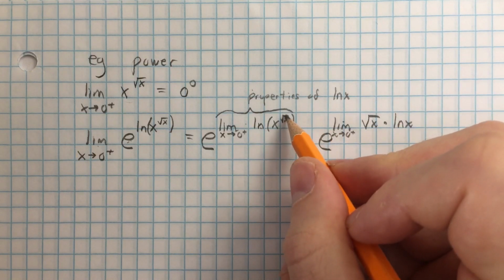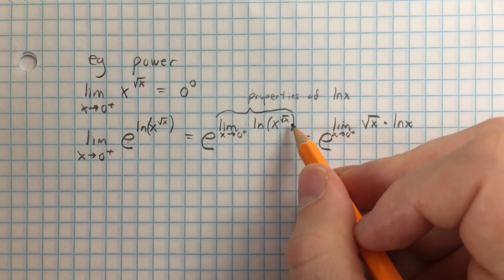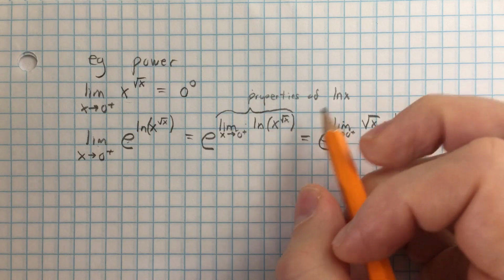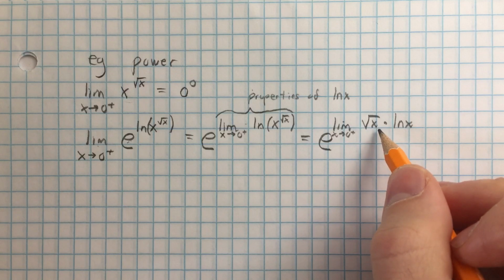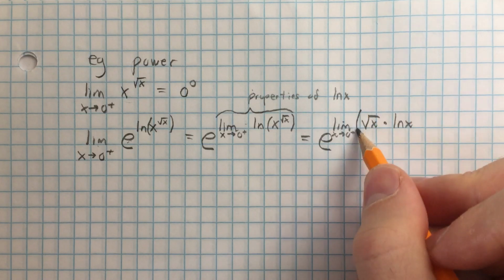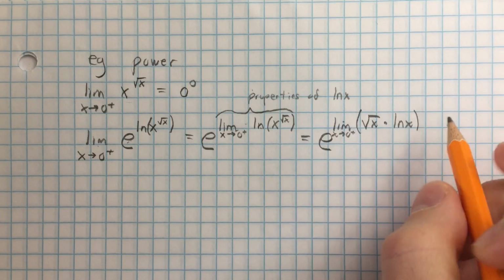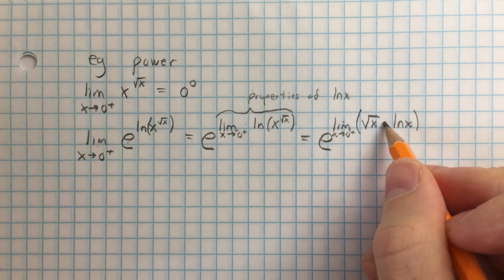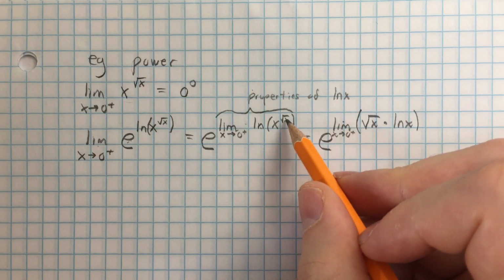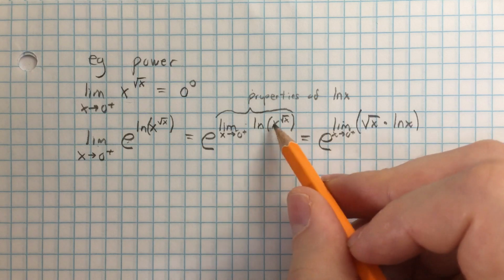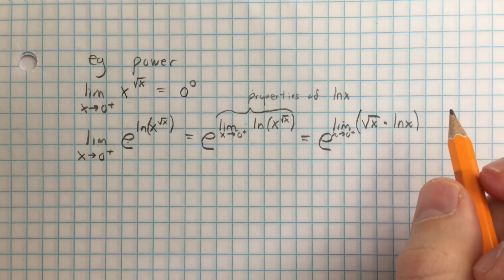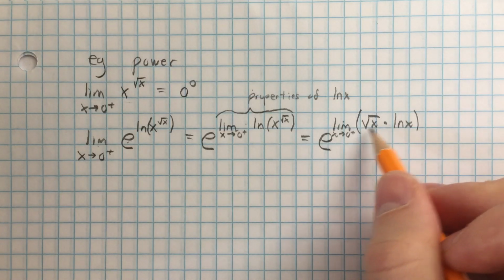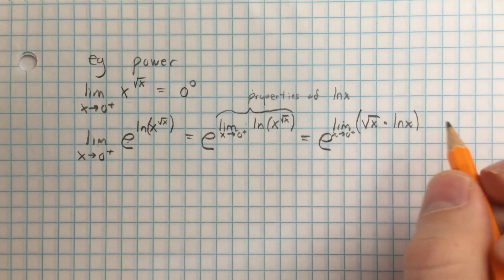Right? I'm just removing the root of x. This power, even though it's a variable power, a functional power, I can still remove it down to the front as a coefficient. So the advantage of this is that now I'm dealing with an indeterminate product. I don't have to worry about the indeterminate power anymore and how to deal with it. The natural log alleviates that situation and allows me to apply the limit to an indeterminate product instead.